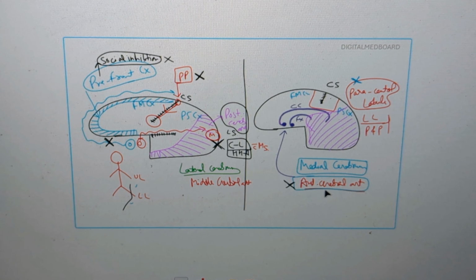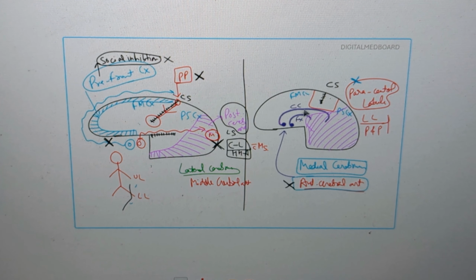The anterior cerebral artery primarily supplies the medial cerebrum, while the middle cerebral artery primarily supplies the lateral cerebrum. Most of the corpus callosum and the fornix are supplied by the anterior cerebral artery, while the posterior end of these structures are supplied by the posterior cerebral artery.